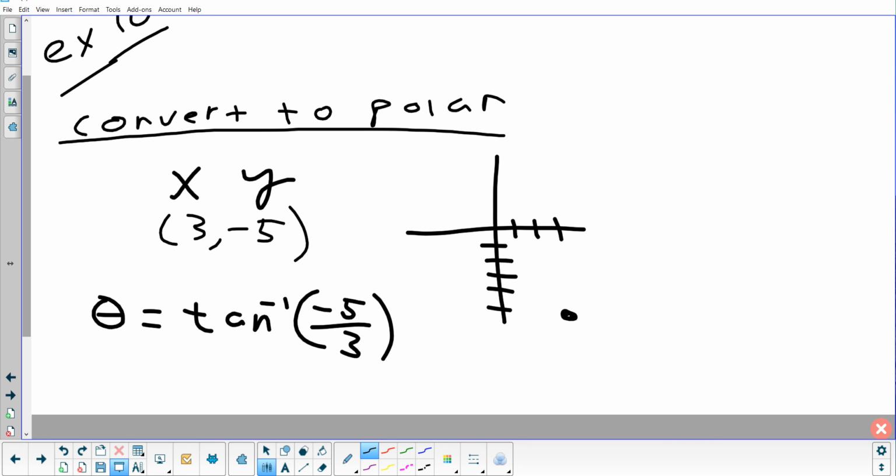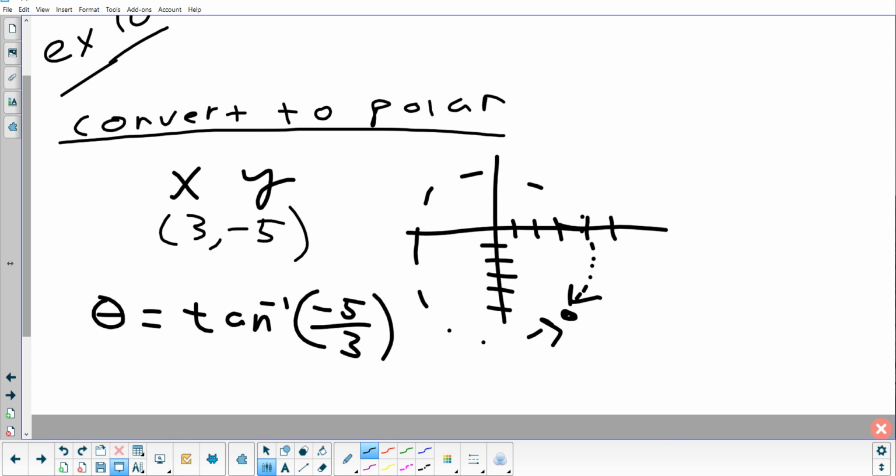X is 3. Now, when we type that in, think about the shortest way to get to that point when you rotate. This would have to be a little longer, but if you rotate, that's going to be the shortest direction. I mean, you can go the other way, but the calculator is going to give you the shortest way.